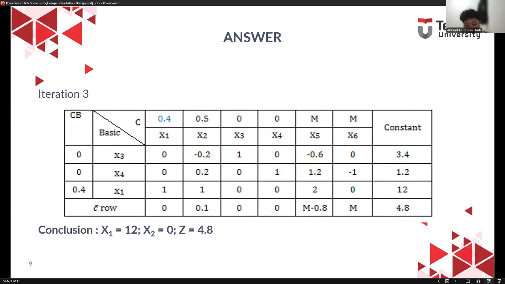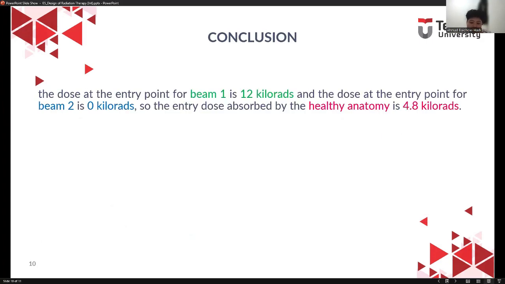From the final simplex table, we get x1 equals 12, x2 equals 0, and Z equals 4.8. The conclusion is that the optimal dose from beam 1 is 12 kilorads, and for beam 2 is 0 kilorads.